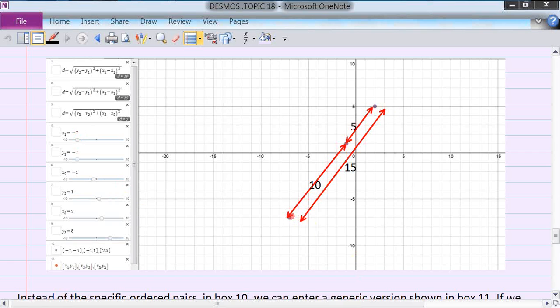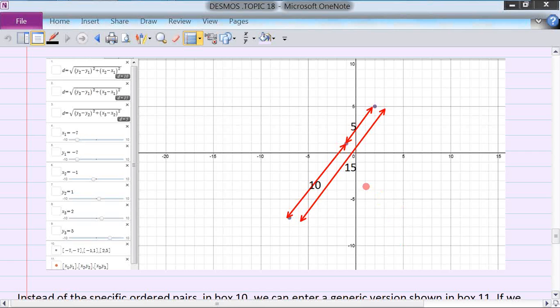The distance between this point and that point is 10, and the distance between this and this is 5. These are all my notations with the red arrows, and I'm just doing that to explain what's going on.